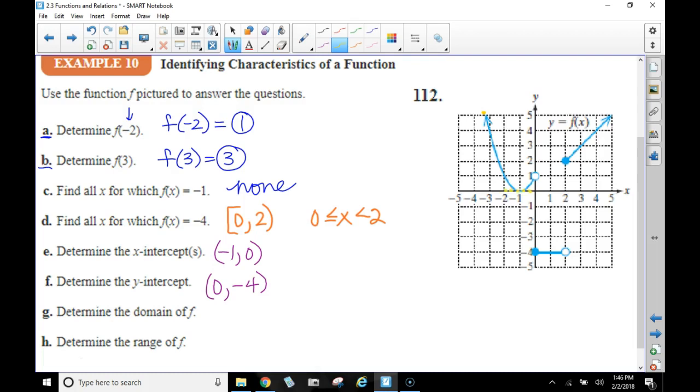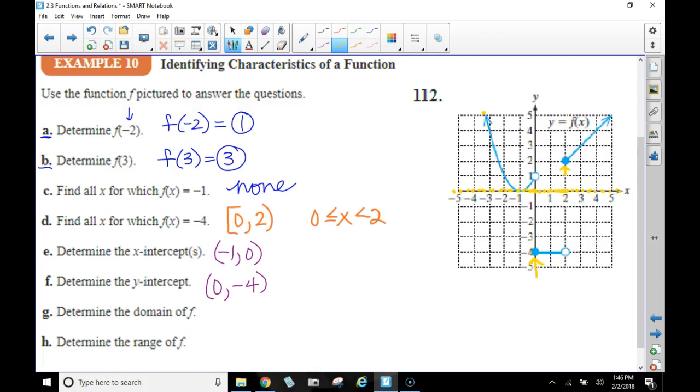So we have x values defined for values of x that are less than 0. And because of this point down here at 0, -4, we also have x values in our domain, and also in between 0 and 2. And because of this closed circle at 2, 2, we have action occurring at 2 and on.